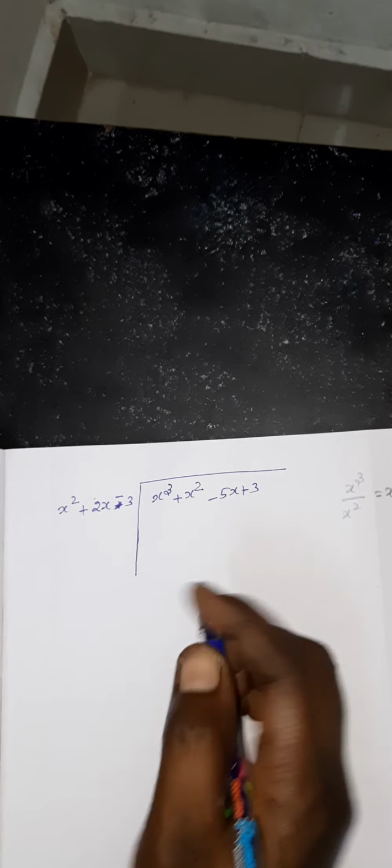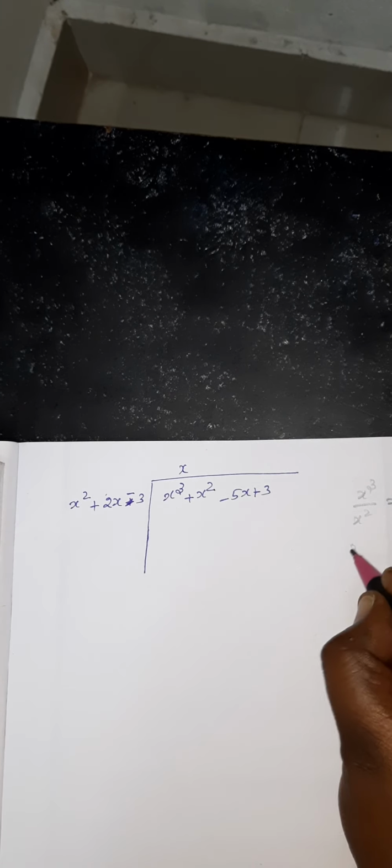Now you do the division in the same procedure. First term of the dividend is x cube and first term of the divisor is x square. So x cube divided by x square equals x. This x you write in the quotient part of this division.